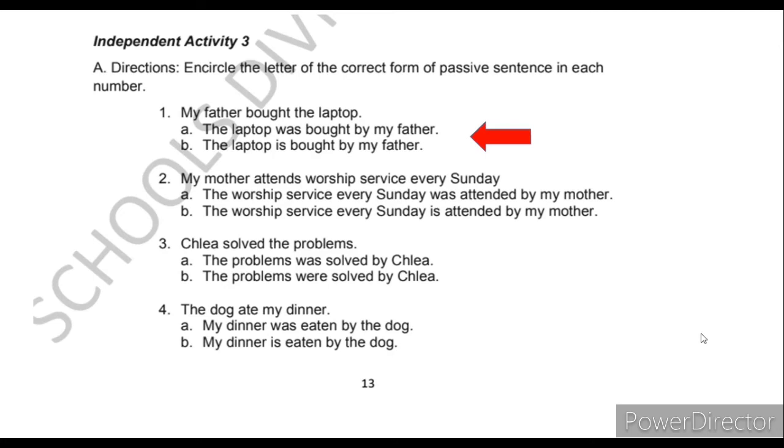So you will choose which of the two choices has the correct passive form of the sentence. Is it A, the laptop was bought by my father, or B, the laptop is bought by my father? Okay. And the correct answer is letter A. So you will encircle letter A. Okay.